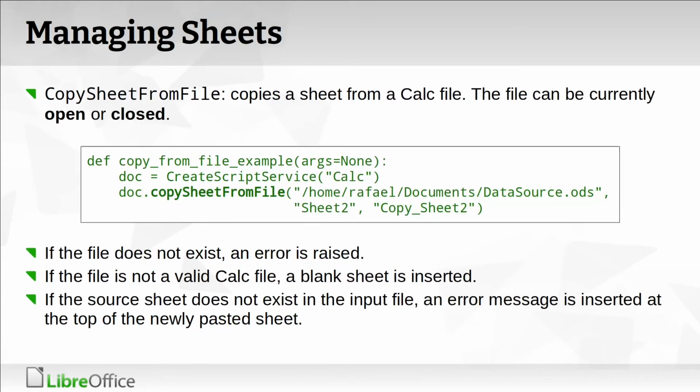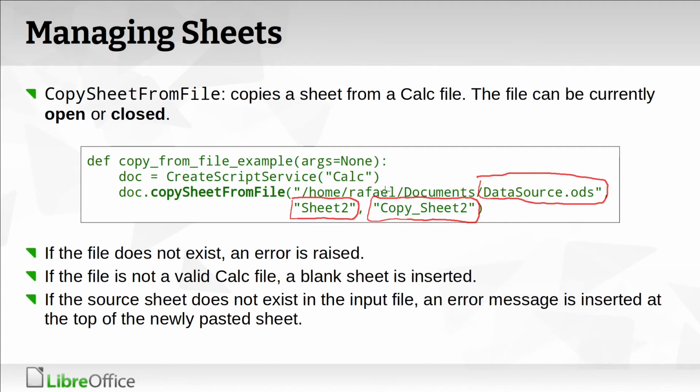So let's see how this works. Copy sheet from file. So you see that it's very simple to call this. It has 3 arguments. So the first argument is the file from which a sheet will be copied, an entire sheet, okay? Here is the name of the sheet that will be copied, and this is the name of the sheet when it's pasted in the current document, okay?